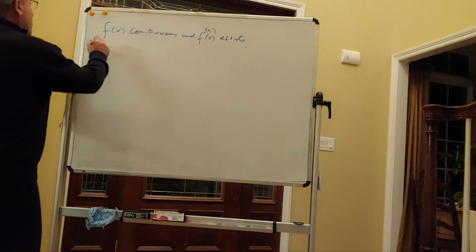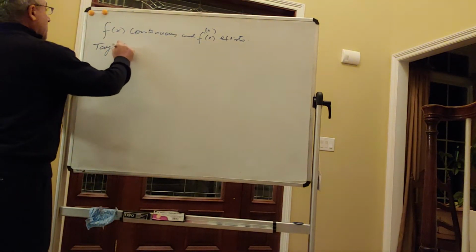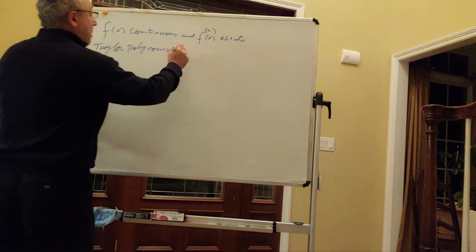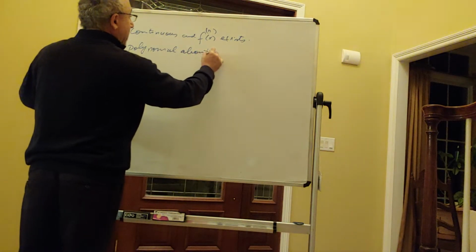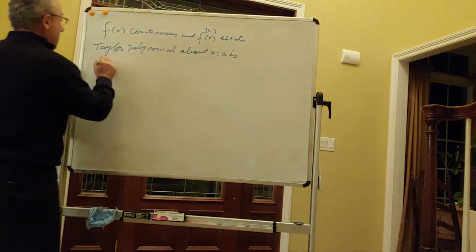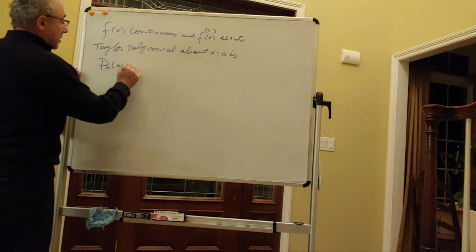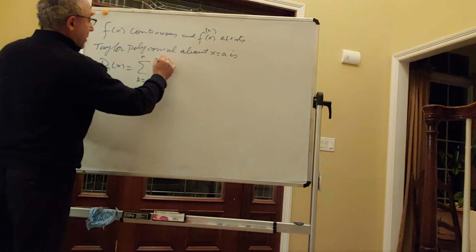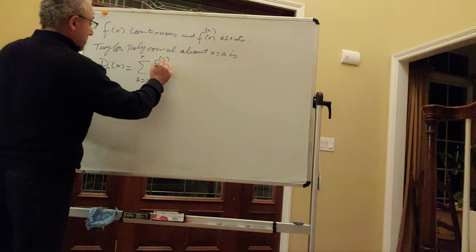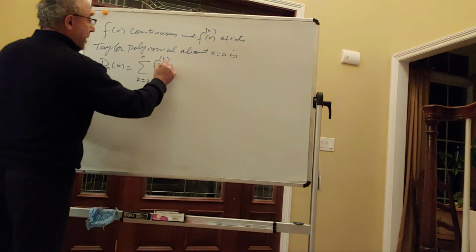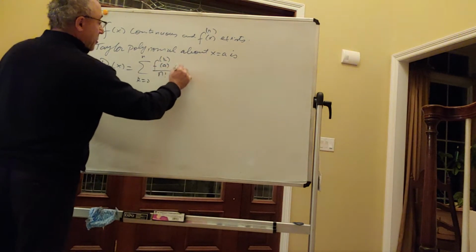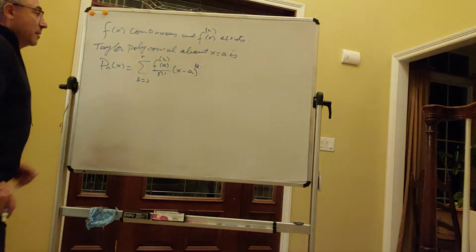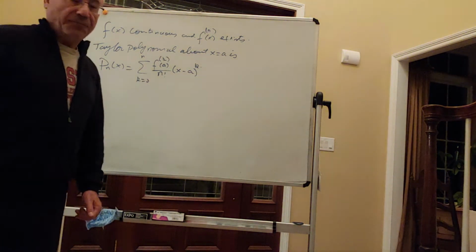Then the Taylor polynomial about x equal a is given by P_n of x equals the sum from k equals 0 to n of f^(k) of a over k factorial times (x minus a) to the power k. So this is a Taylor polynomial.